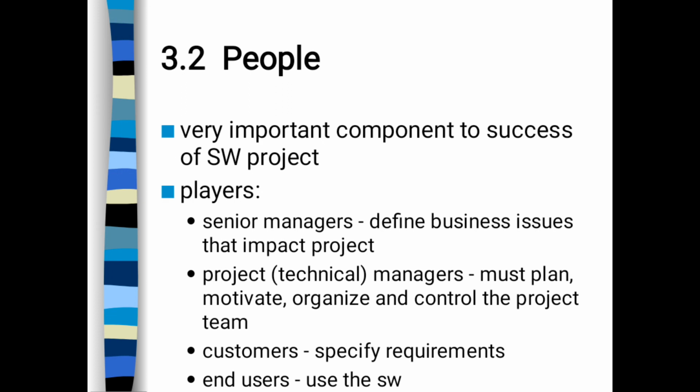Who are the various players? Senior managers. They define the business issues that impact projects. Project managers, technical managers must plan, motivate, organize and control the project team. They are responsible for the project team.